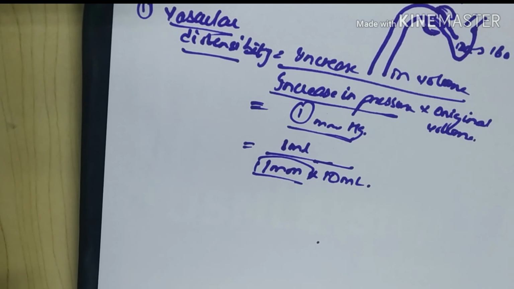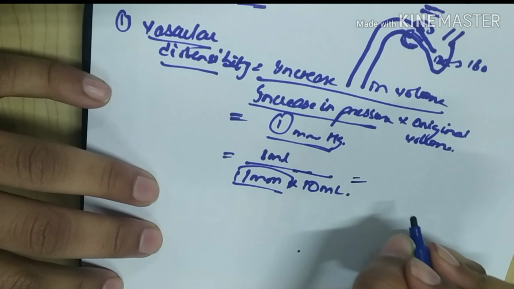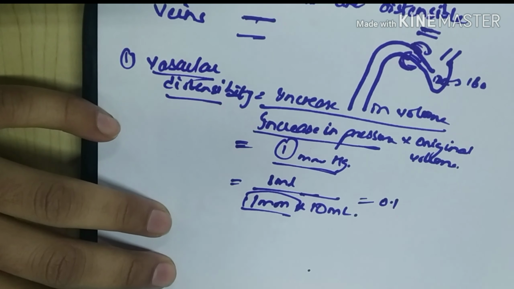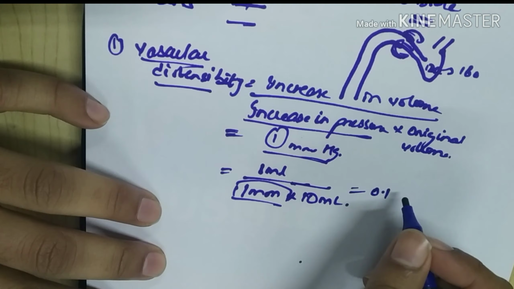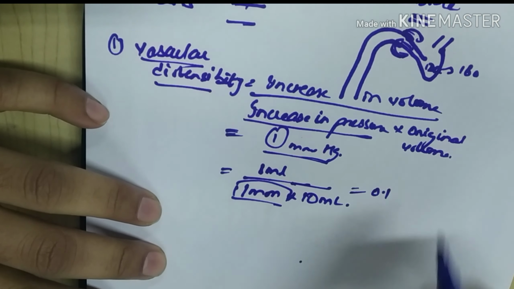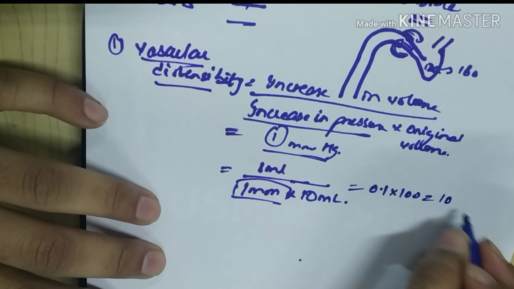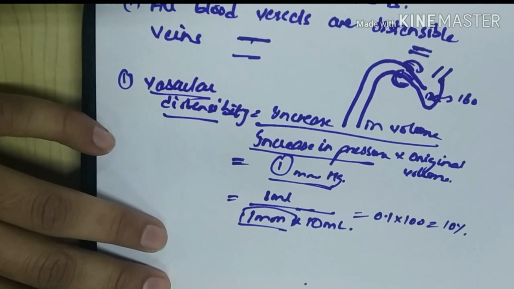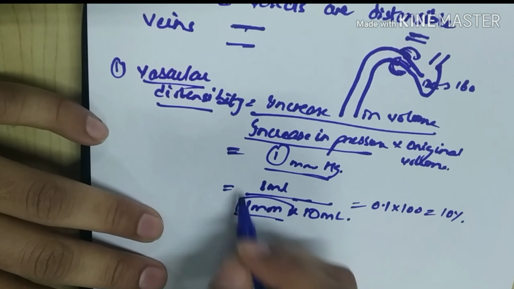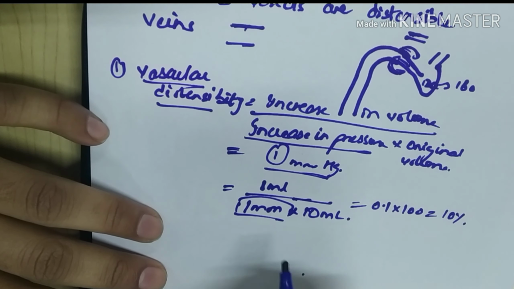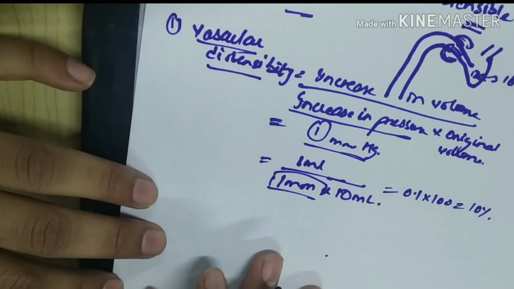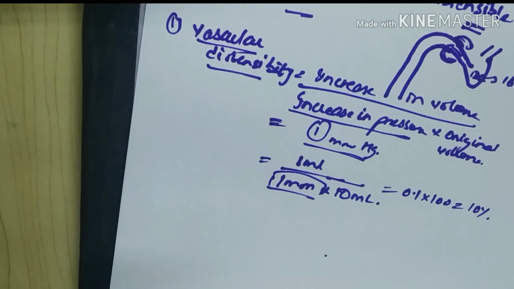The value we get here is around 0.1. That is the vascular distensibility. Vascular distensibility is most probably taken out in percentage, so we multiply by 100 and get about 10%. So we can say that the vascular distensibility in these measurements is 10%. Now I'll be teaching the distensibility comparison.